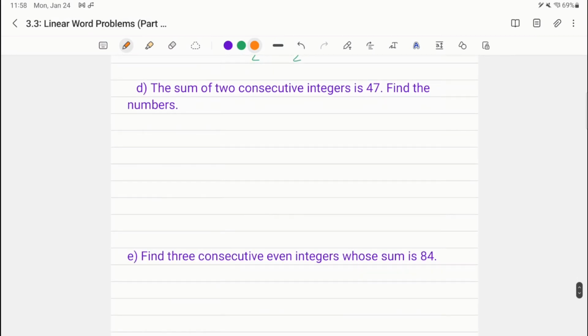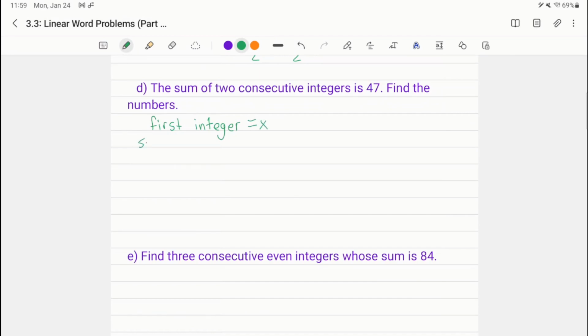D. The sum of two consecutive integers is 47. Find the numbers. Consecutive means one after the other. So I'm going to let my first integer be x.